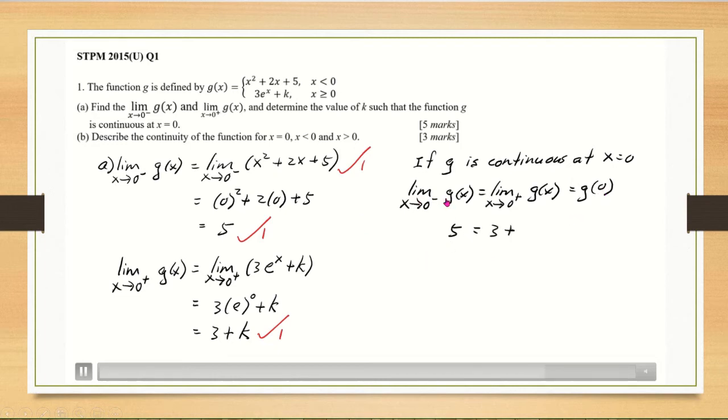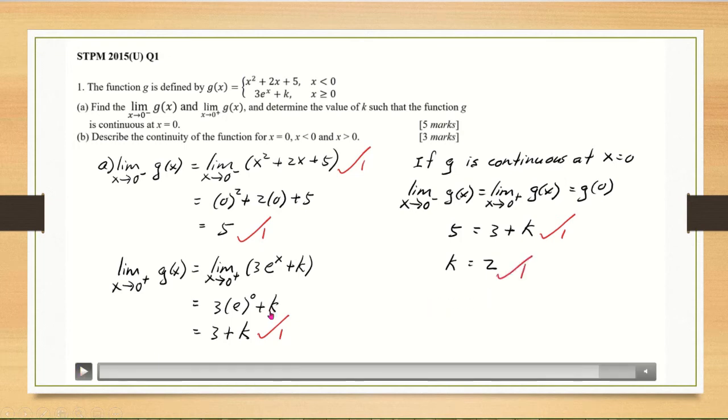Since the left hand limit is 5 and the right hand limit is 3 plus k, we just substitute the values here. After substitution, you will be given 1 mark. Then after simplifying, the value of k is equal to 2, that is another 1 mark.